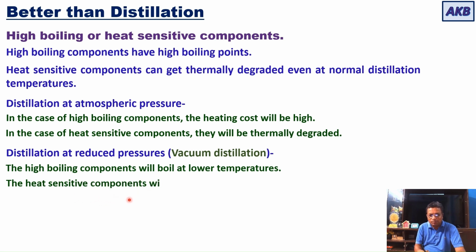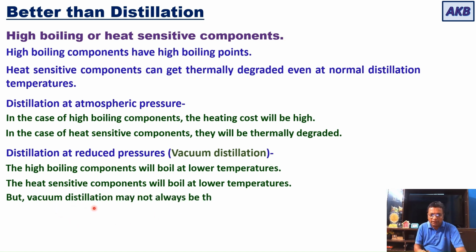The heat sensitive components will also boil at lower temperatures, but in some cases, even at these lower temperatures, they may get thermally degraded. And in the case of high boiling components, in vacuum distillation, even though they boil at lower temperatures, the cost involved is more. So in the case of vacuum distillation, it may not always be an economical choice.